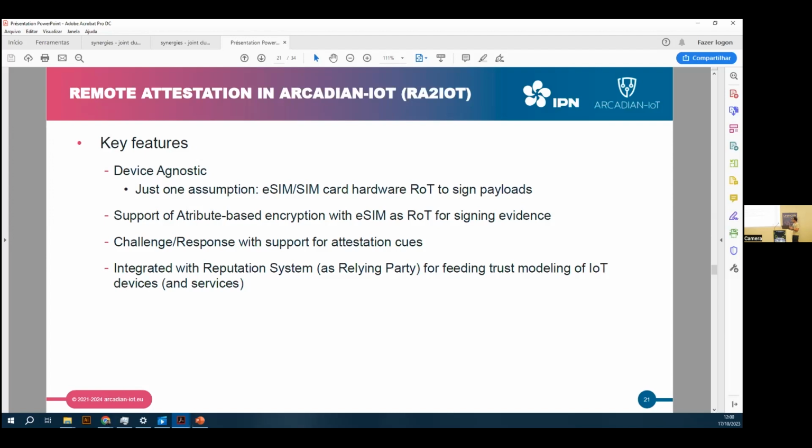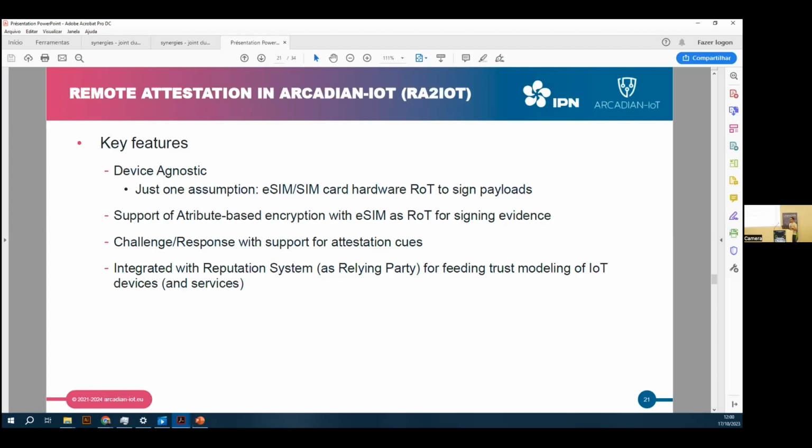It follows a challenge response model with support for attestation queues, so that other components, such as the reputation system, can queue the verifier to trigger the attestation process, and it is integrated with the reputation system, which we use as a relying party, so that the attestation results contribute to the modeling of the trust of IoT devices or services.